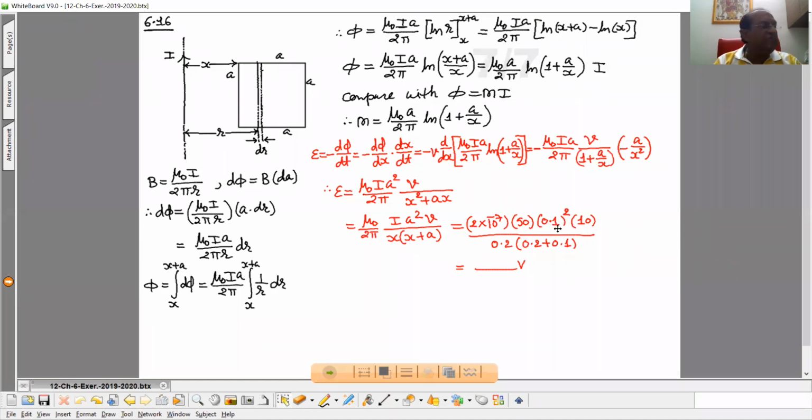Then a square, where a we have to take 0.1, so 0.1 square. X is also given to you as 0.2 meter, into 0.2 plus 0.1. Now solve this one, you will get the EMF induced. Clear to all of you?